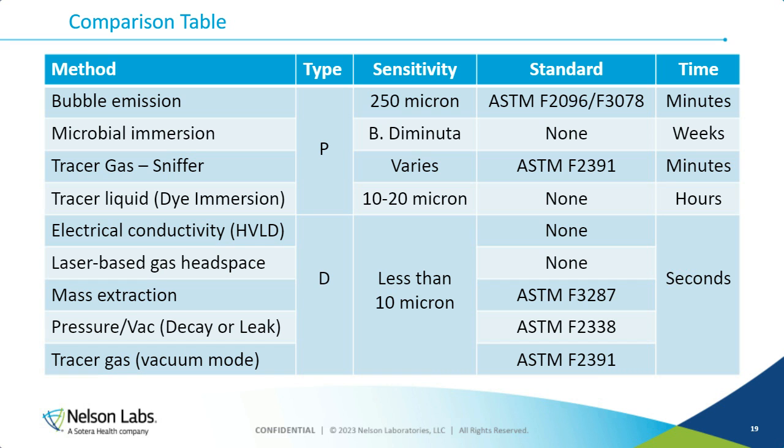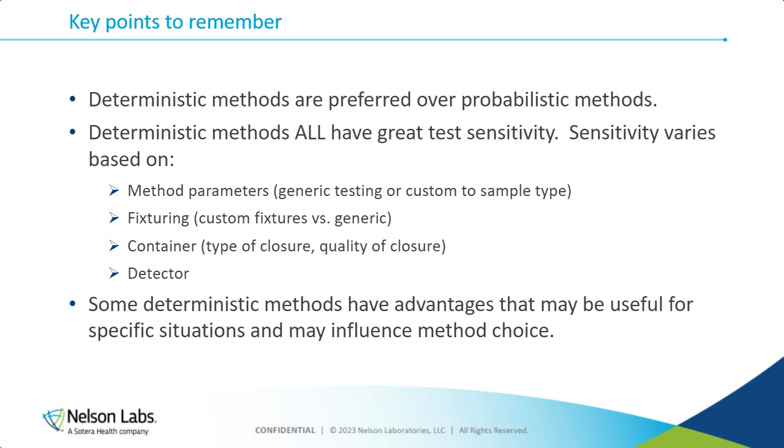As far as time goes, when you look at the deterministic methods, they are all seconds. And again, this is going to vary exactly based on how you set everything up, but every one of these can be super, super fast compared to the probabilistic methods where your best time is going to be minutes. So again, deterministic methods are preferred over the probabilistic methods.